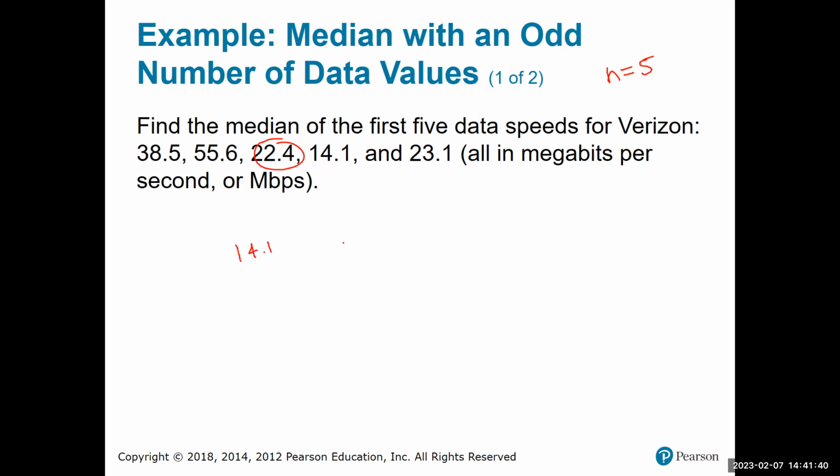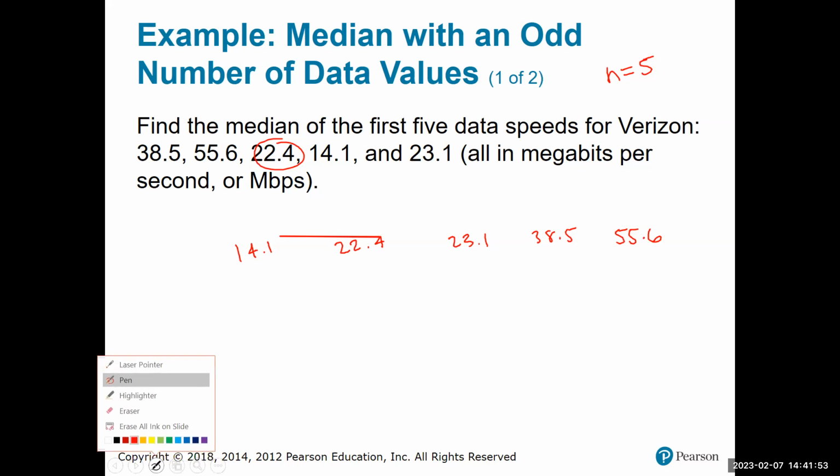So 14.1 comes first, 22.4, 23.1, 38.5, 55.6. All right, those are our 5 data values.